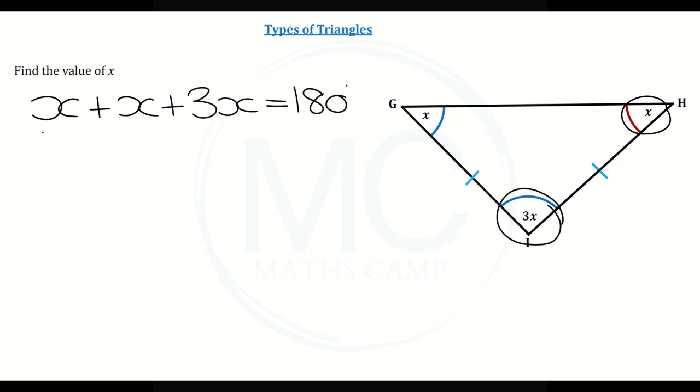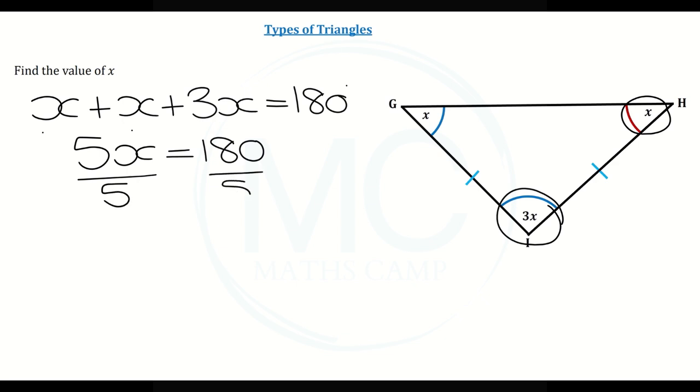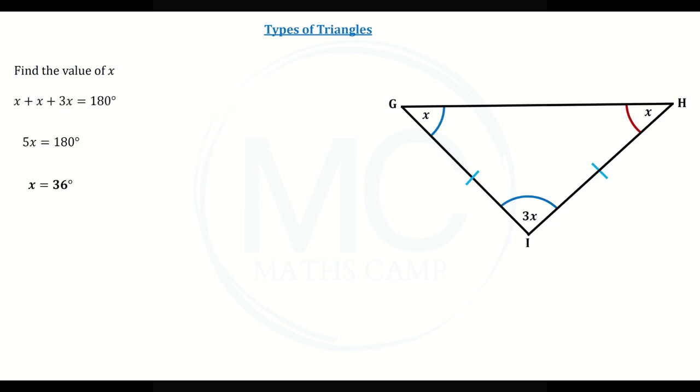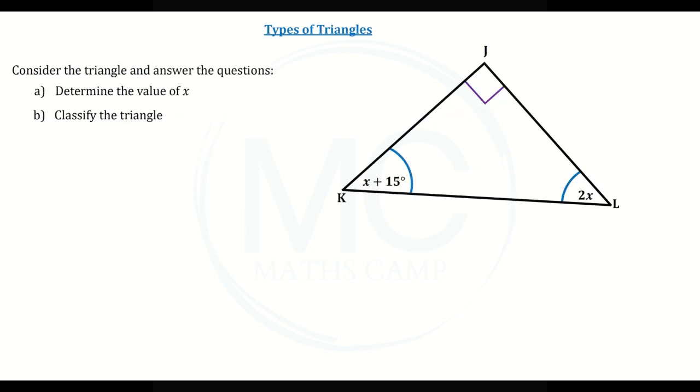Now on the left, x plus x gives us 2x plus 3x gives us 5x, which is equal to 180 degrees. To get x by itself, let's divide both sides by 5. On the left, we now have x, which is equal to 180 degrees divided by 5, which gives us 36 degrees. Let's do another one.